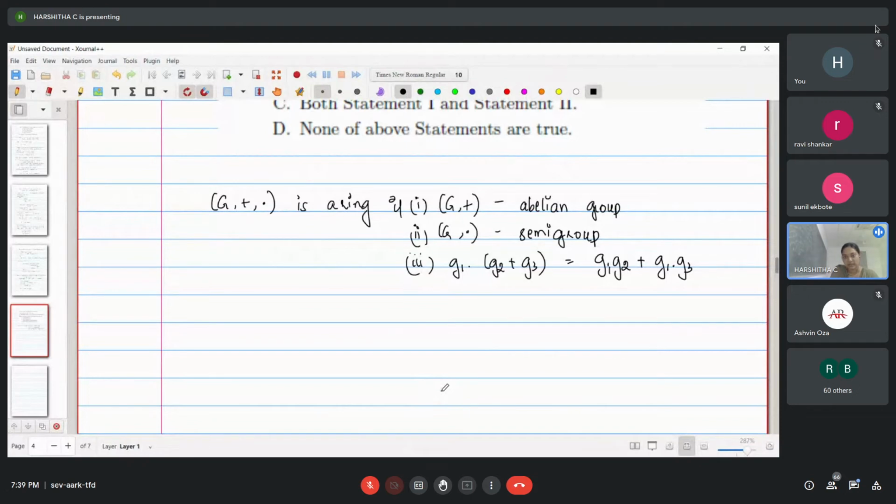So (g2 plus g3) dot g1 also distributes. That's what we call the distributive law. So this is for all elements.